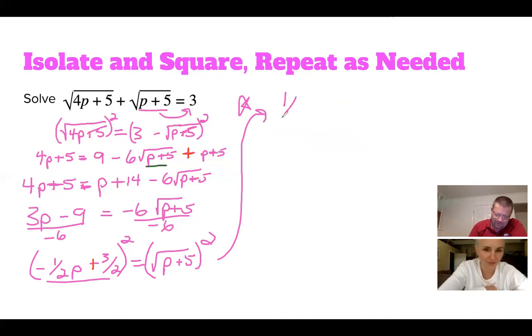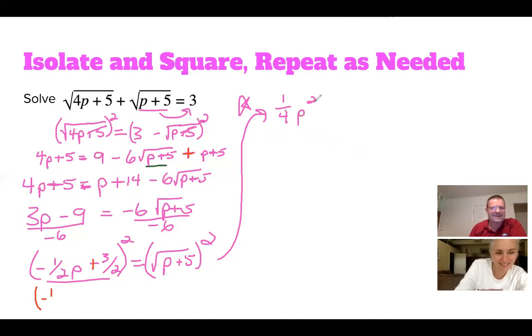So I have 1/4 p squared, right? Oh my gosh, this is ugly. What was I thinking here? Who picked this problem? You picked this ugly problem. 1/4 p squared. Let's see, that would be -3/4 and -3/4.